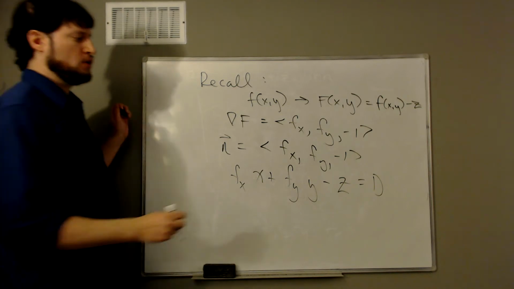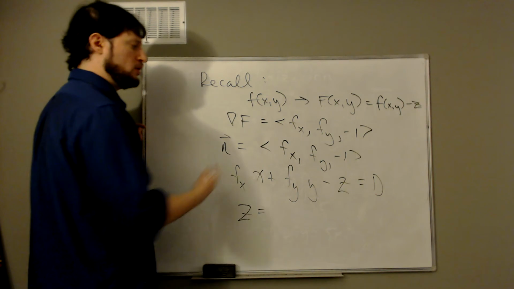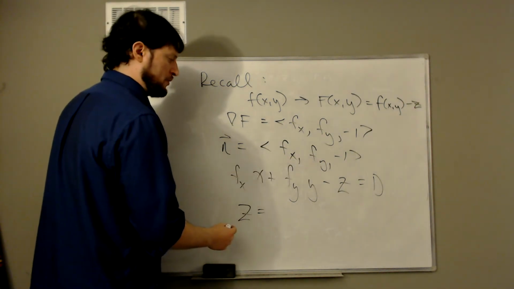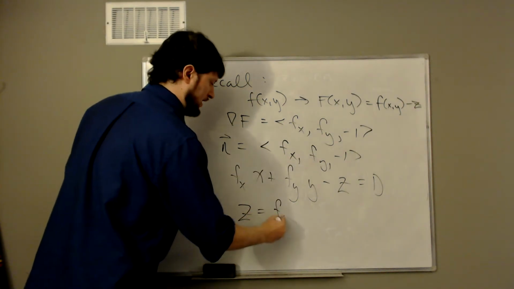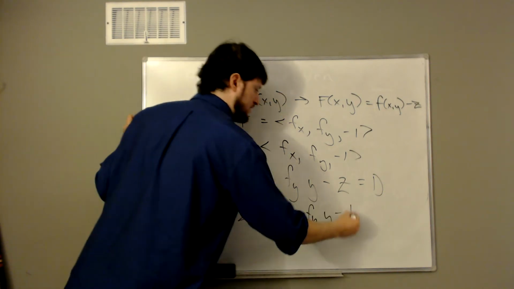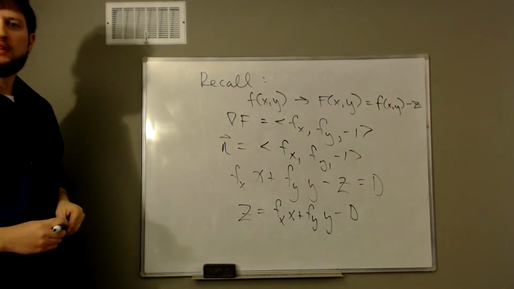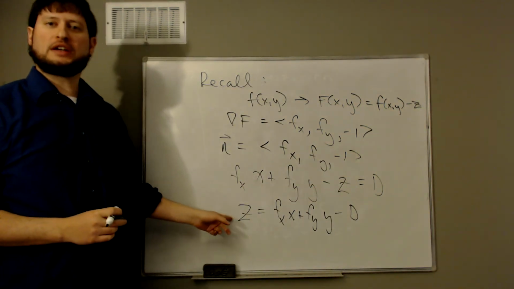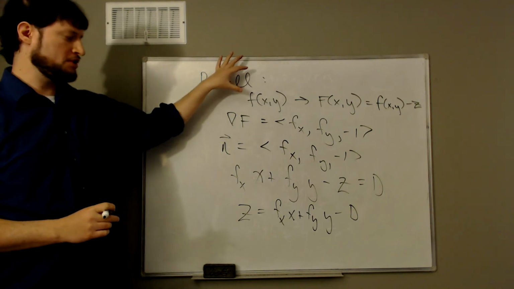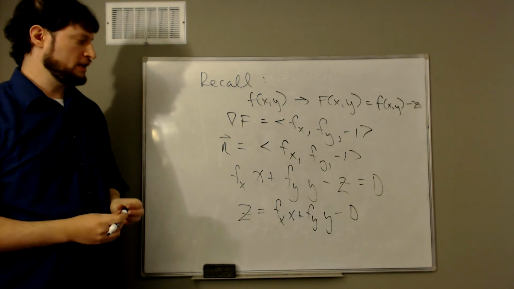If I solve for z, that is in a linear approximation, we get z equals f sub x x plus f sub y y minus d, if I bring the z over and the d over as well. So this is what the tangent plane looks like, generically speaking, without any information about the function f and without any information about the point in question.